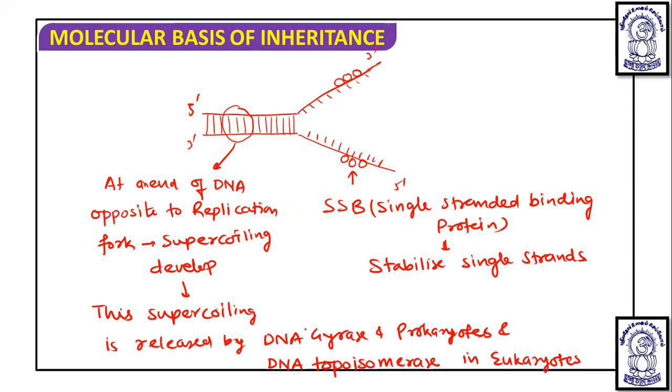Now, after this, the single strands are stabilized and the supercoiling at the opposite end of the replication fork is released.